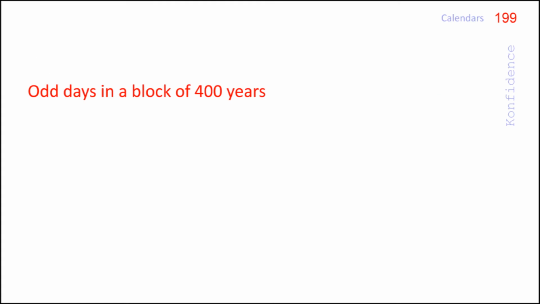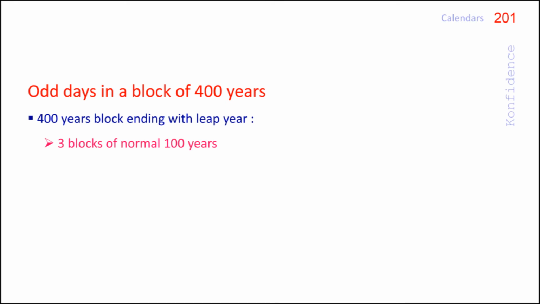Now, let us look at a block of 400 years. A 400 years block ending with a leap year divisible by 400 will have 3 blocks of normal 100 years and 1 block of 100 years ending with a leap year divisible by 400.